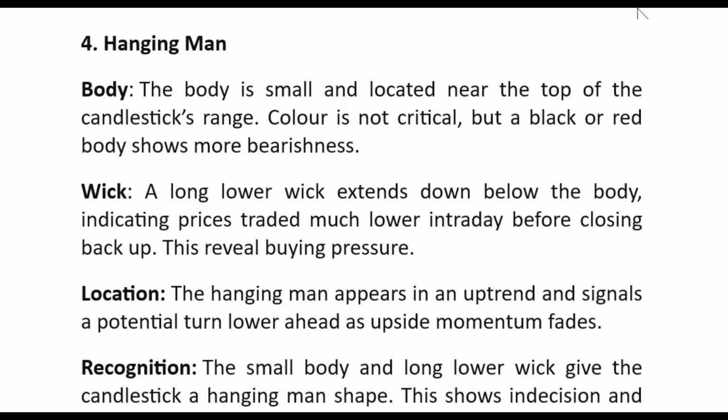Next candlestick pattern is the hanging man. In this pattern, the body is small and it has a long lower wick, and it appears at the top of an uptrend. Then it is a bearish reversal candlestick pattern.